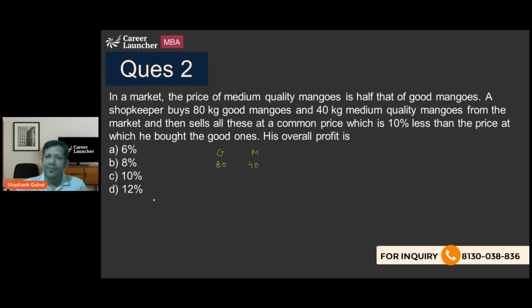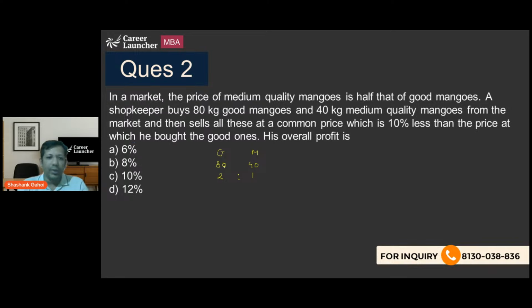Look at the options: every value is in percentage, right? So I'm not assuming that he is buying 80 kg and 40 kg. I am assuming he is buying 2 kg and 1 kg, because the ratio of 80 and 40 is 2:1, right? When every value is given in terms of percentage, and you need to figure out the answer also in percentage, go with the ratio, because that reduces your calculation a lot.